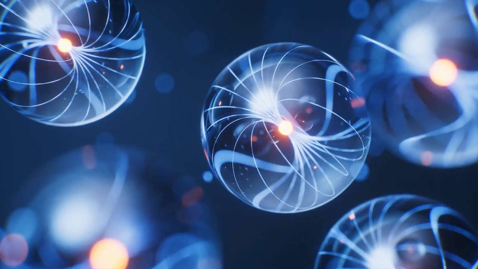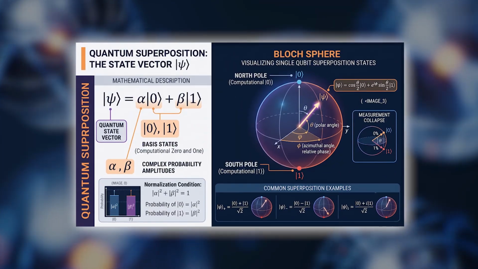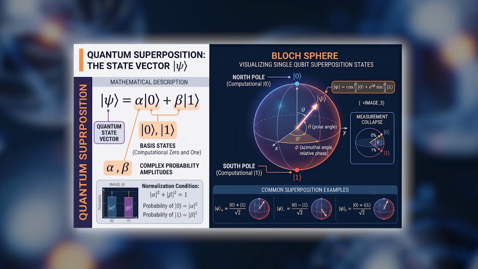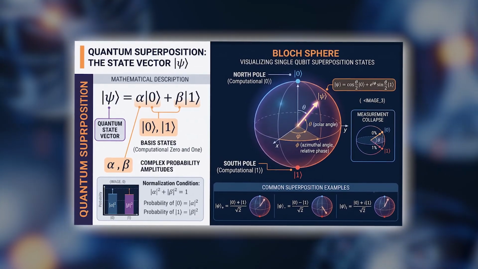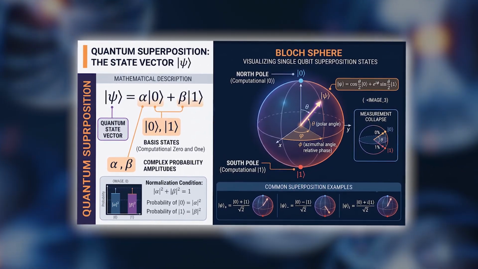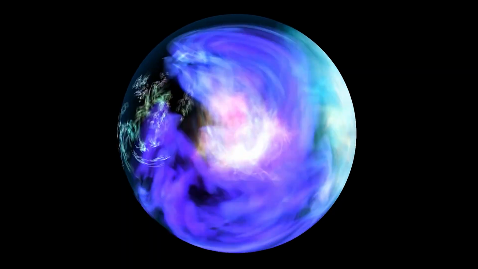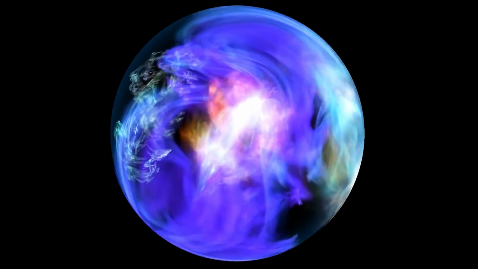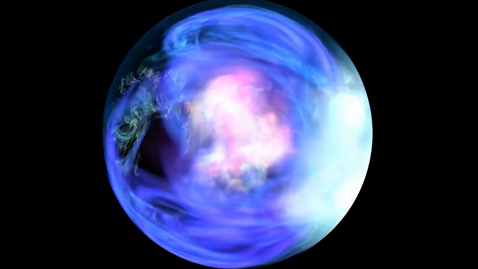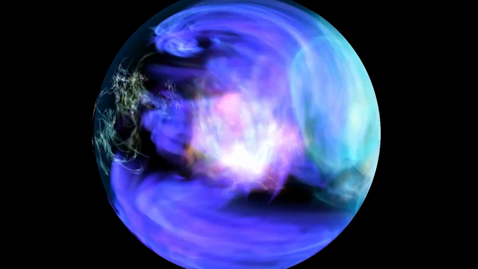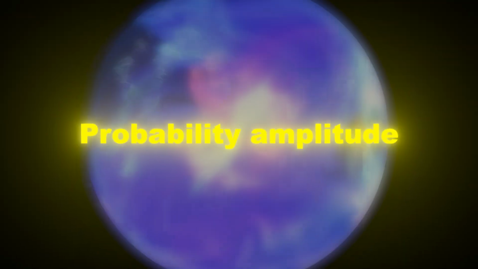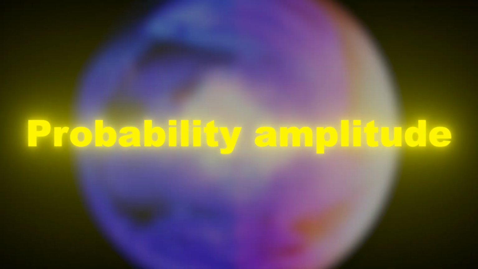It exists in what quantum mechanics calls a superposition, a combination of both 0 and 1, described mathematically by a quantum state vector. The quantum state of a single qubit is written as a combination of the 0 state and the 1 state, each multiplied by a complex number called a probability amplitude.